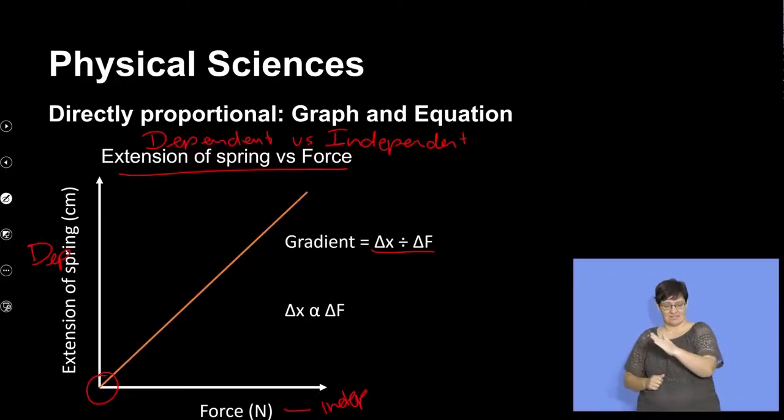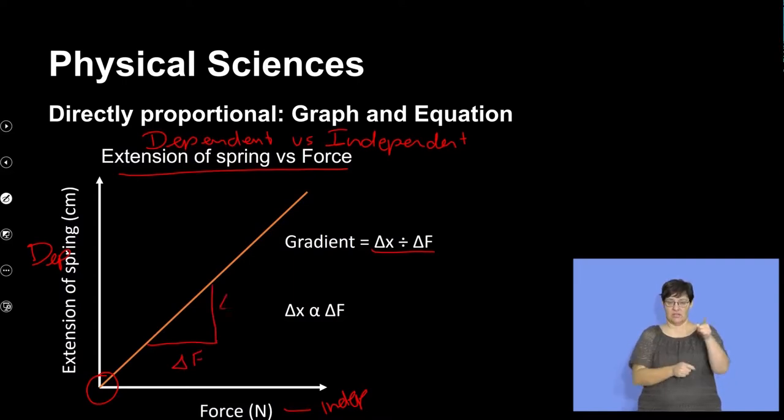We can work out the gradient by looking and seeing the change in the force. So the change in the force would be written over there, and the change in the extension would be written over there. And we can measure that by looking at the different coordinates on a piece of graph paper and working at that.